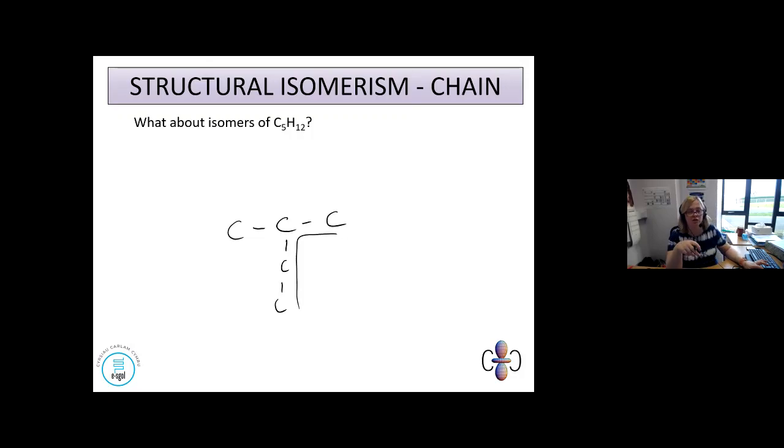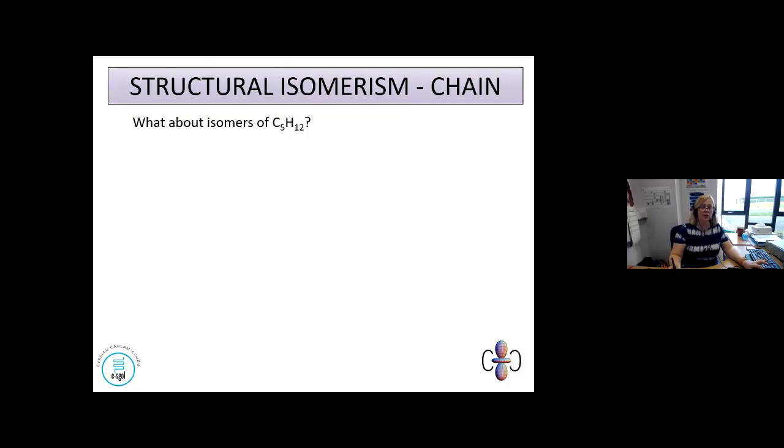I know it doesn't look like a straight chain because it's going around a corner, but that is still an unbroken chain of 4 carbons, isn't it? 1, 2, 3, 4. And that's a single branch, again, on carbon number 2. So that's not the representation we want, okay?